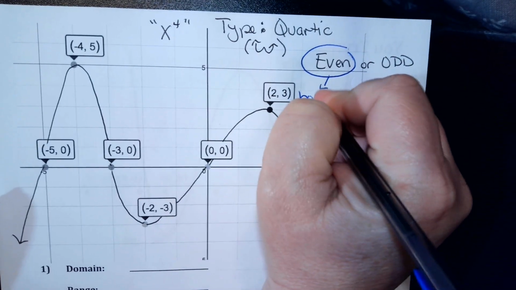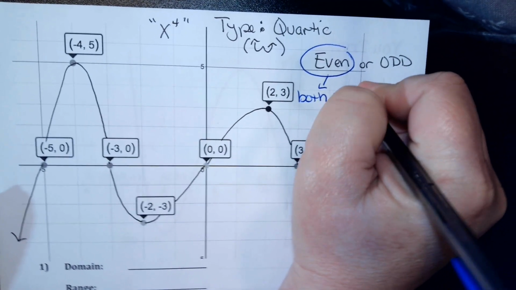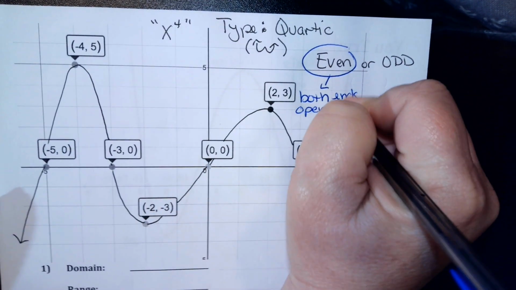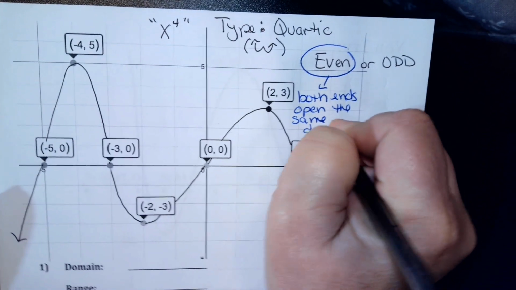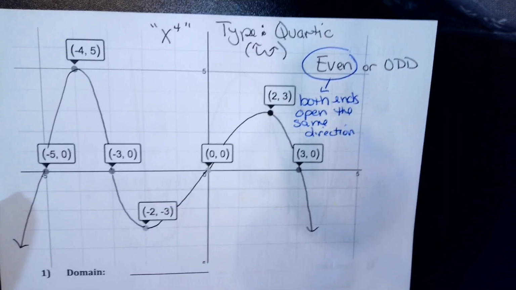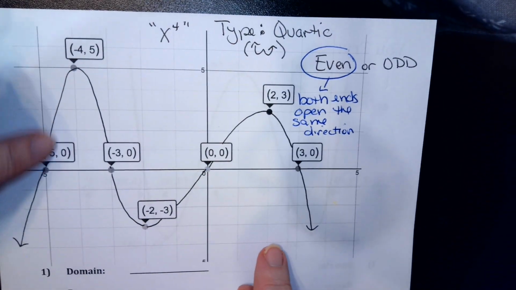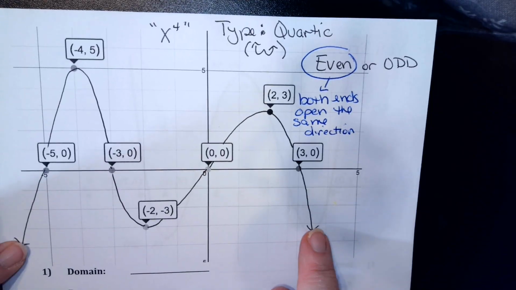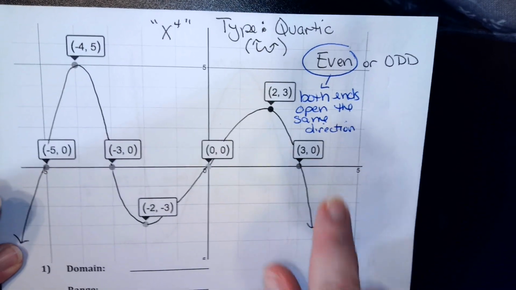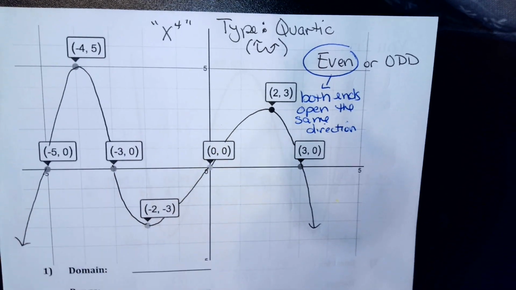When both ends open the same direction, it's going to be even. Notice the end piece on the left is going down, and the end piece on the right side is going down. Both end pieces are going the same direction, so it's an even degree function.